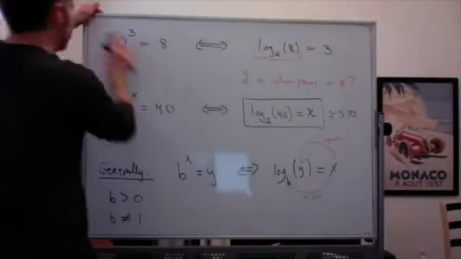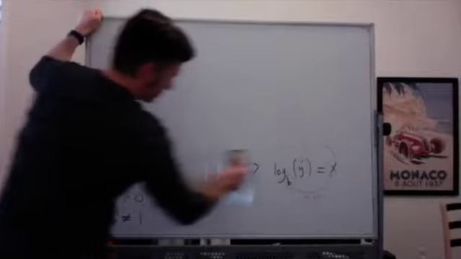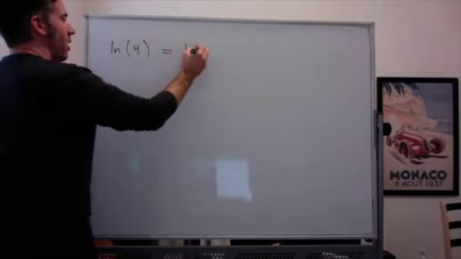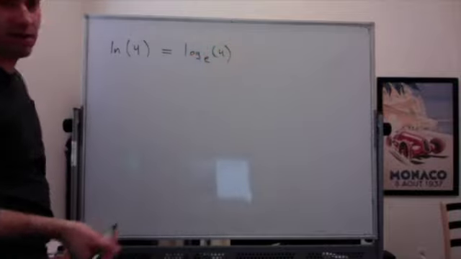So those are two things to be aware of. So if I were, for example, to write natural log of 4, I would mean the log base e of 4. And I couldn't really do much with that.